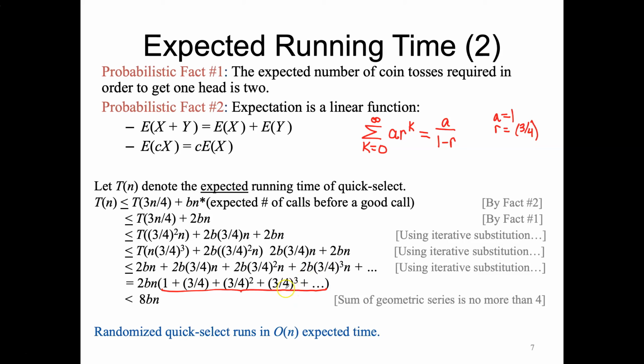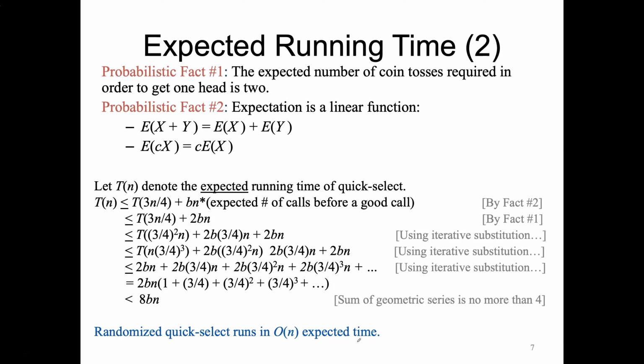So if we plug this in, we're left with this summation, which we don't end up calling infinitely many times, but even if we were to go up to that amount, this is no more than 4. So our total running time is no more than 2 times 4, 8 times b, which is some constant, times n, which means randomized quickselect runs in linear time. This is our average case, that is, the expected running time.